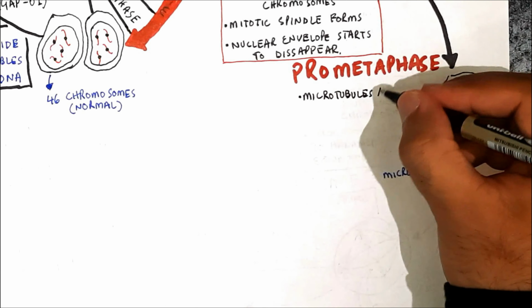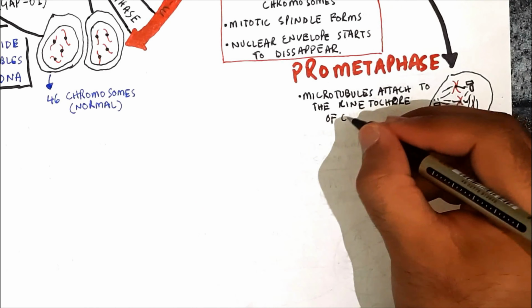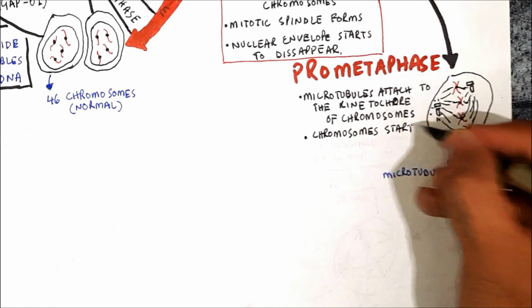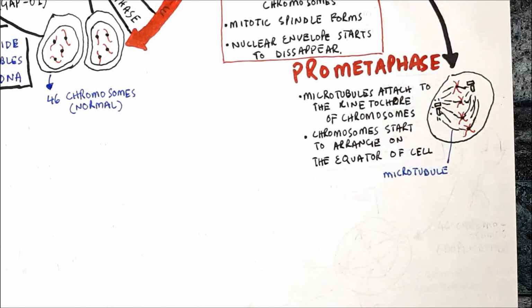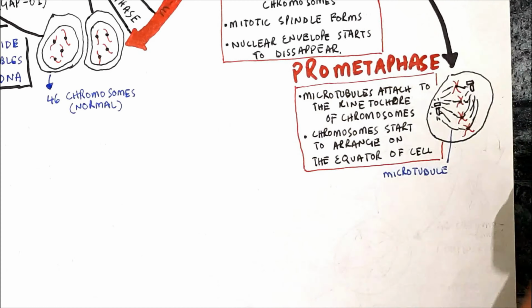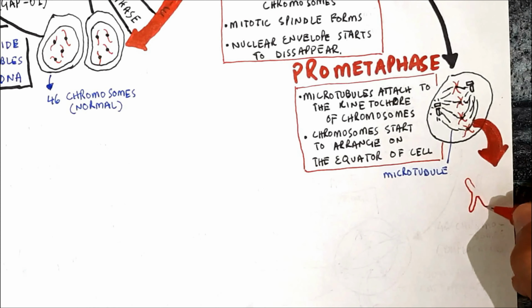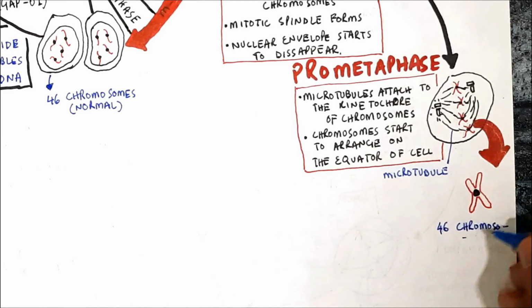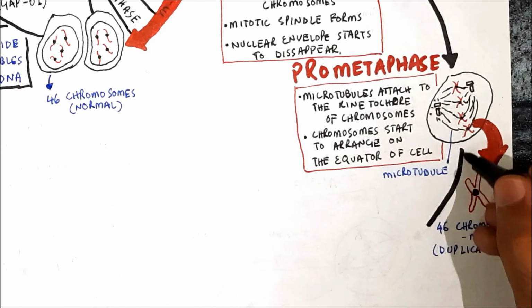The microtubules attach to the center of the chromosomes, called the kinetochore, that holds the chromosomes in place, and the chromosomes start to arrange right in the center. That is the equator of the cell. So after this, the chromosomes are exactly the same. Duplicated chromosomes, 46 in number.